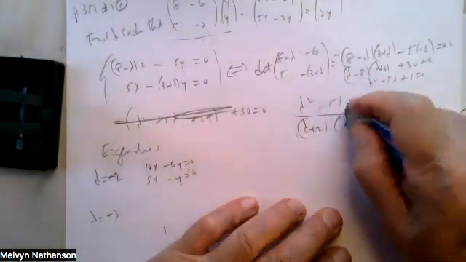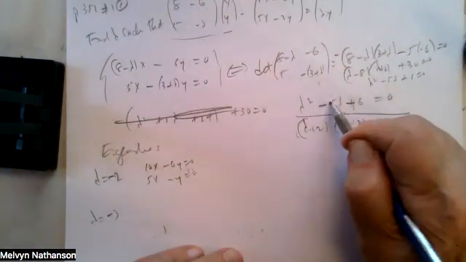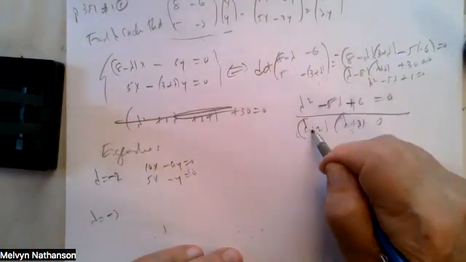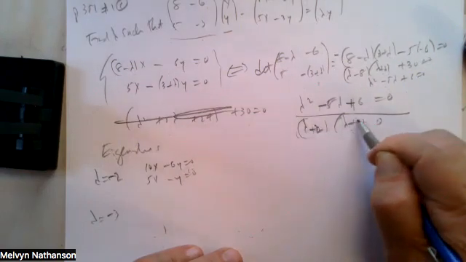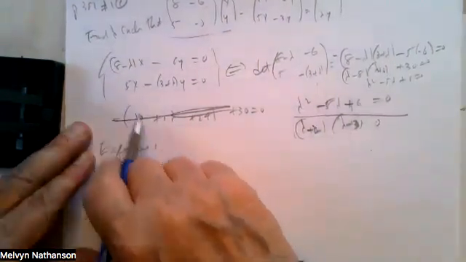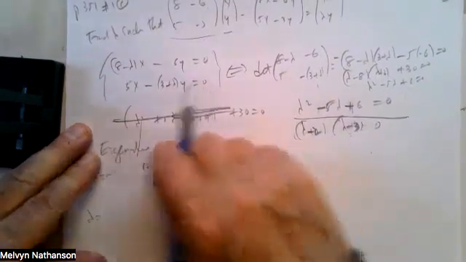Yep, minus 5λ. λ squared minus 5λ plus 6. So (λ - 2)(λ - 3). So my λ should be plus 2 and plus 3.